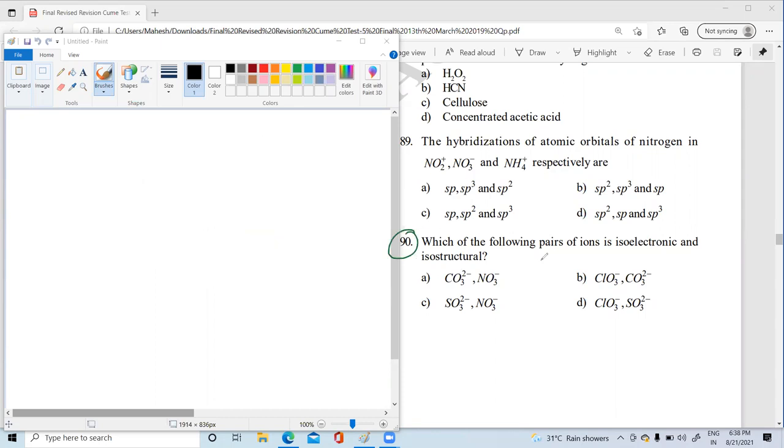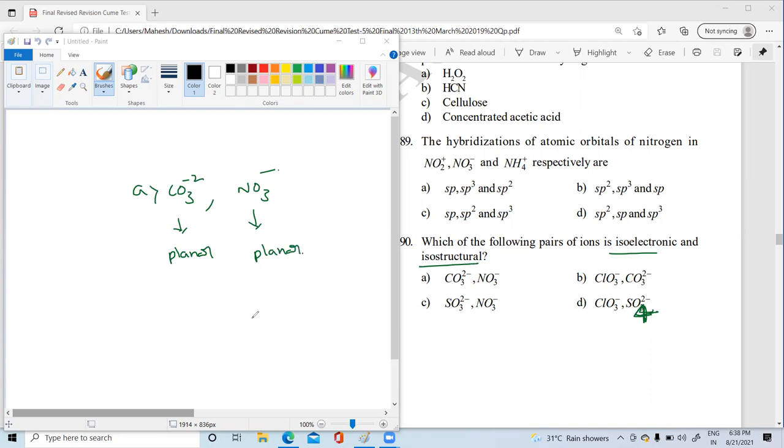Question number 90. Which of the following pairs are isoelectronic species? Here, students, this is SF4. This is SO4. Which of the following pairs of ions are isoelectronic as well as isostructural, students? Option A we can check here: CO3 2 minus, NO3 minus. CO3 2 minus should have a planar structure, and NO3 minus also has a planar structure, students.